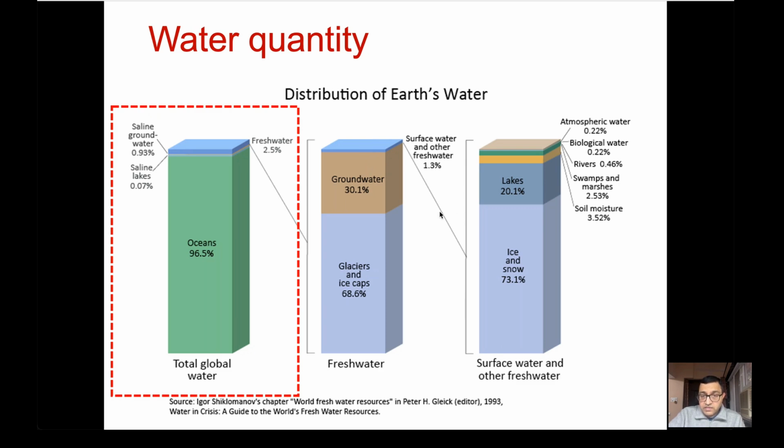Of that, 70% is locked as ice and snow, 20% in lakes, and then a small percentage in rivers, and then some of it is atmospheric water as well. So we can see that the water that's available is in some ways pretty minuscule.